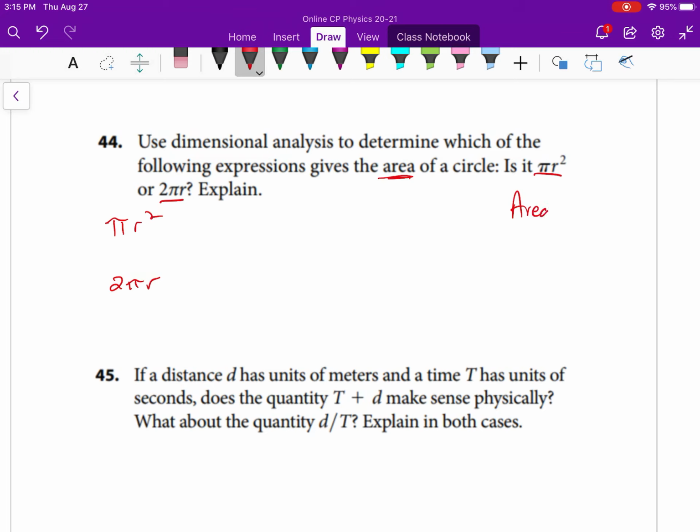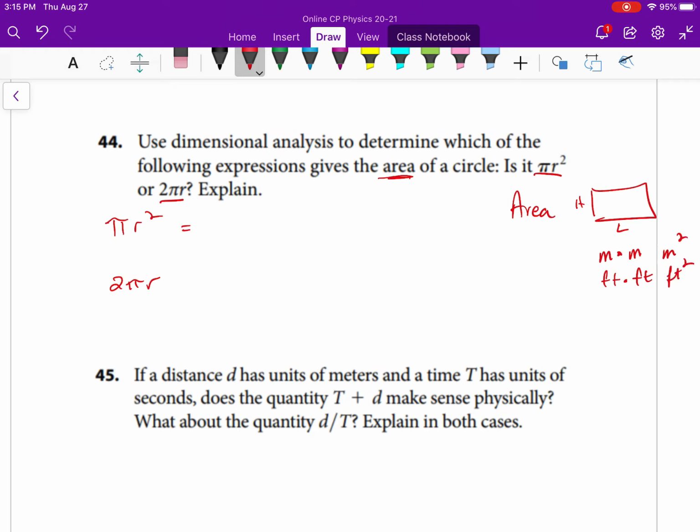Well, what is area? Let's say I have the area of a rectangle. I have the height times the length or the base, and those are measurements of length, and I would have meters times meters, let's say, or feet times feet, but I would essentially end up with some type of length squared.